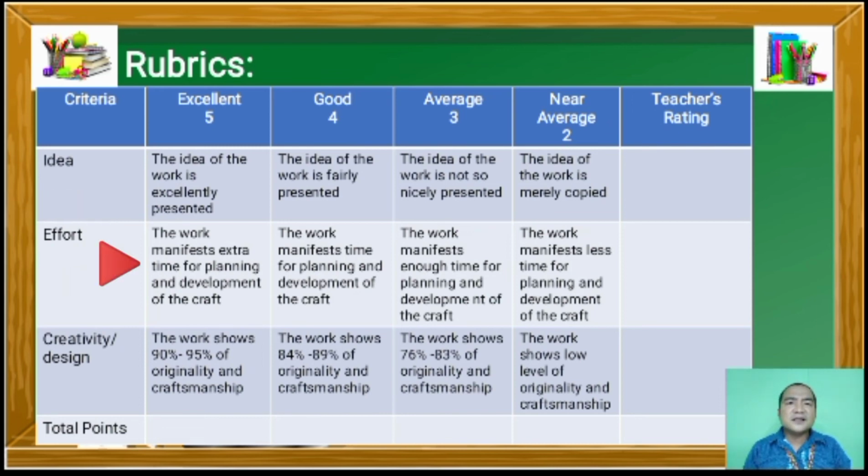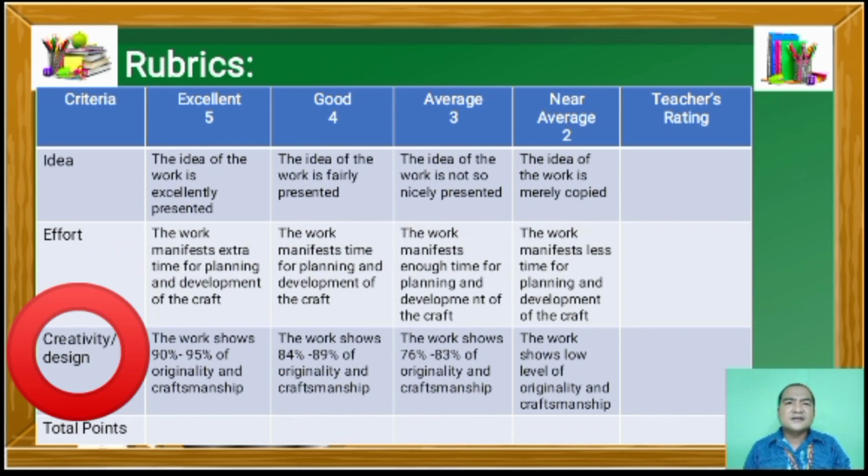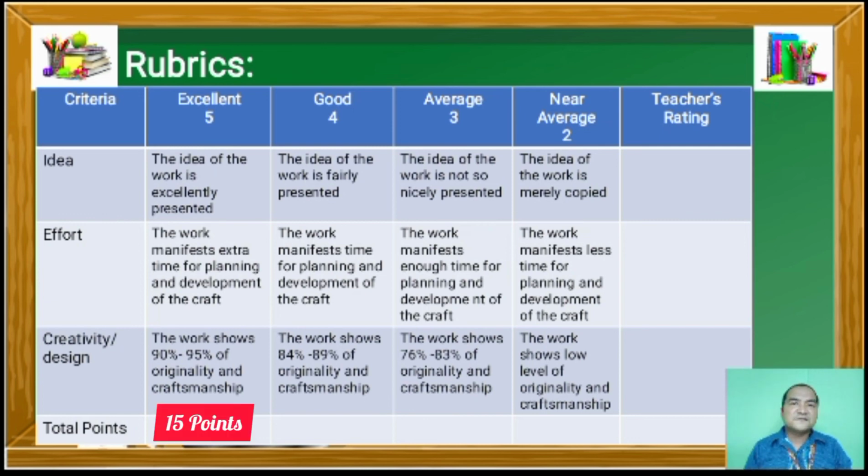If the work manifests extra time for planning and development of the craft. Creativity and design. 5. Or excellent if the work shows 90% to 95% of originality and craftsmanship. Total 15 points. Alright? Submit your work during the distribution and retrieval of your self-learning modules.